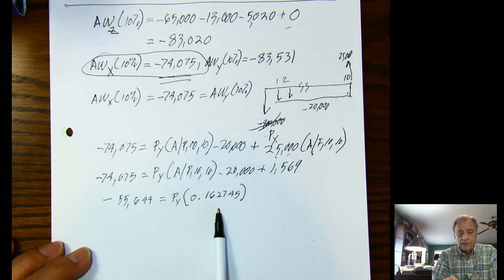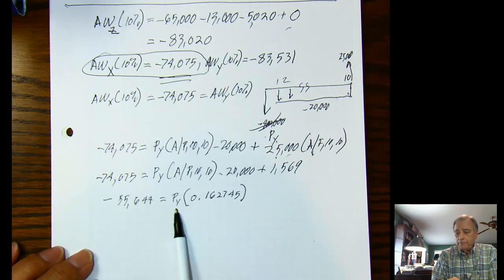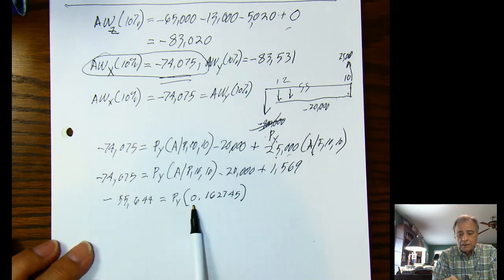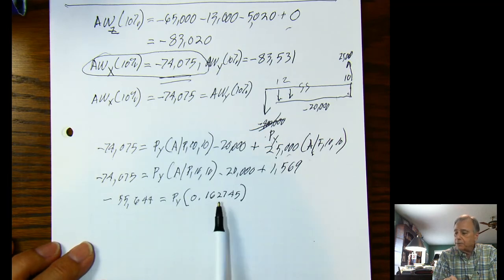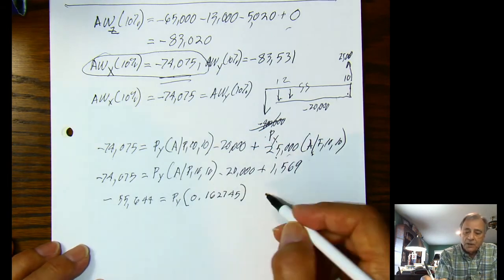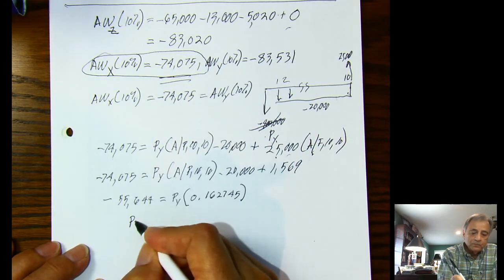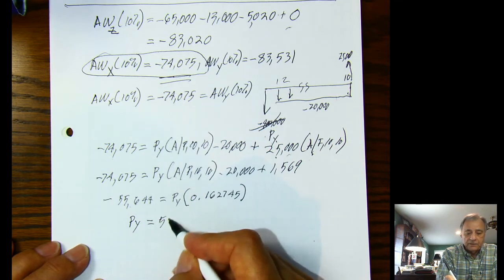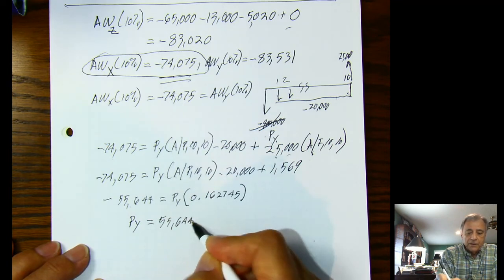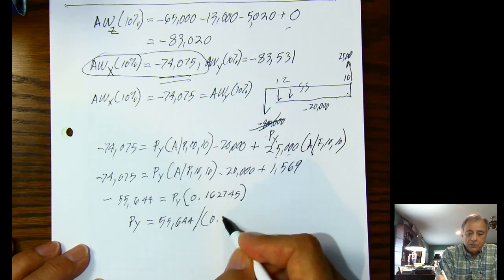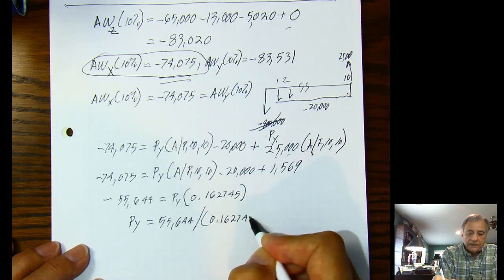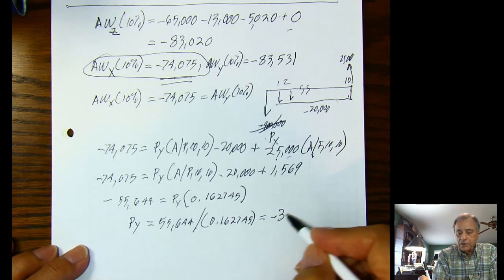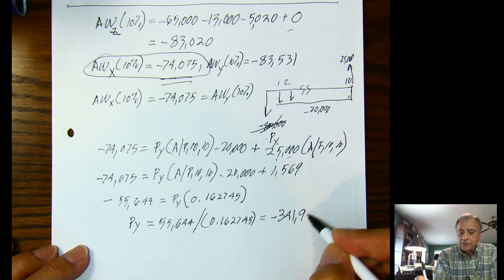And then we need to just divide both sides through by this number, and we'll get P sub Y equals this 55,644 divided by 0.162745, and when we do that, we'll get minus 341,909.